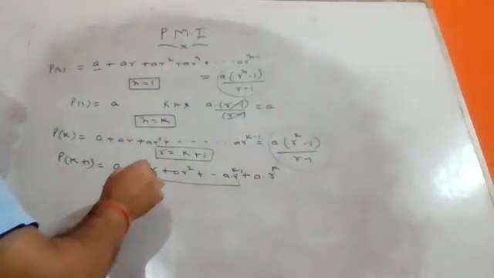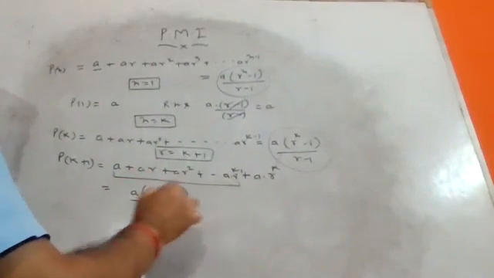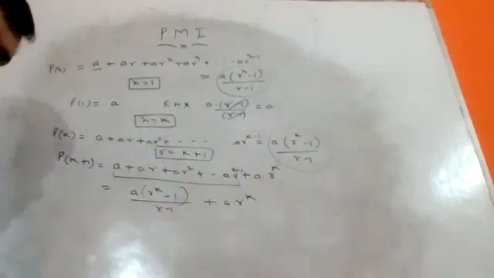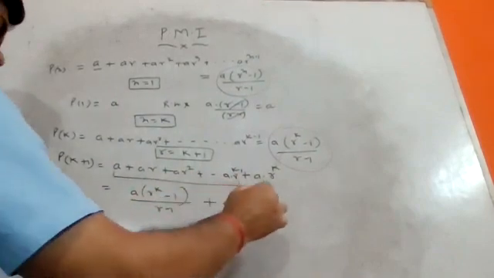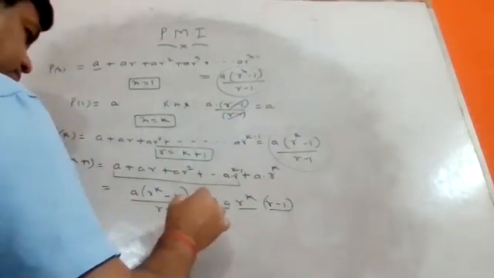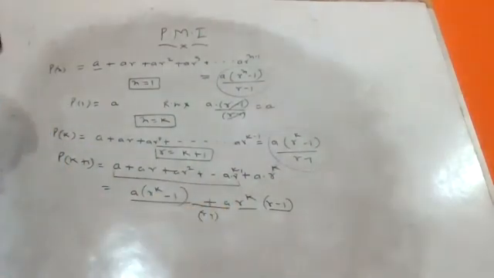In place of this one, we can write A into R raised to power K minus 1 whole divided by R minus 1, plus A into R raised to power K. Take the LCM, or you can say R minus 1 in the denominator, like this.